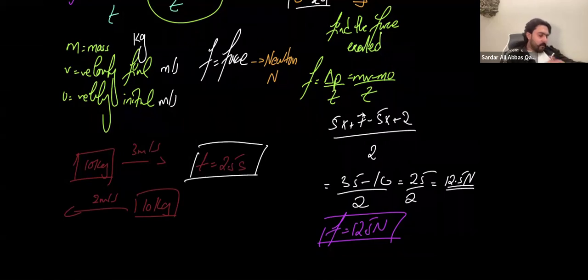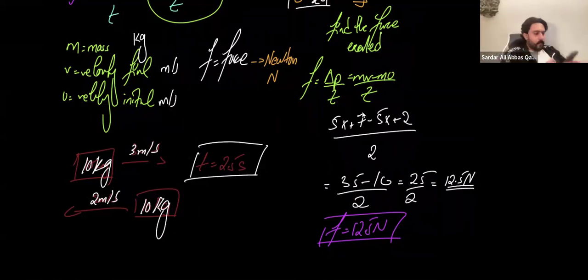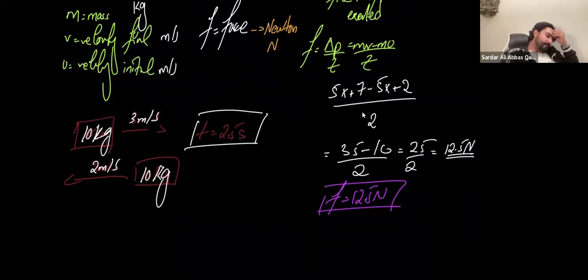T is equal to 2.5 seconds. ये अटेम्प्ट करें। जल्दी से। The time taken is 2.5 seconds.